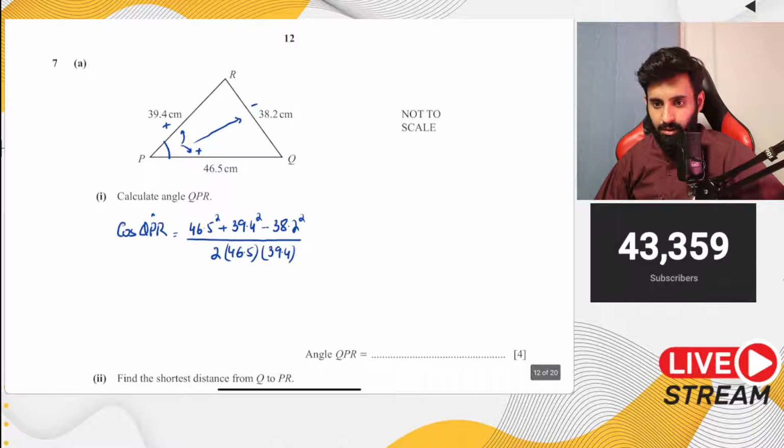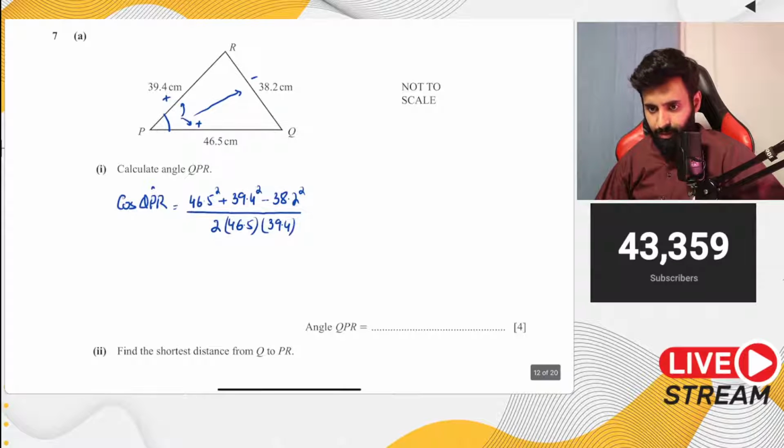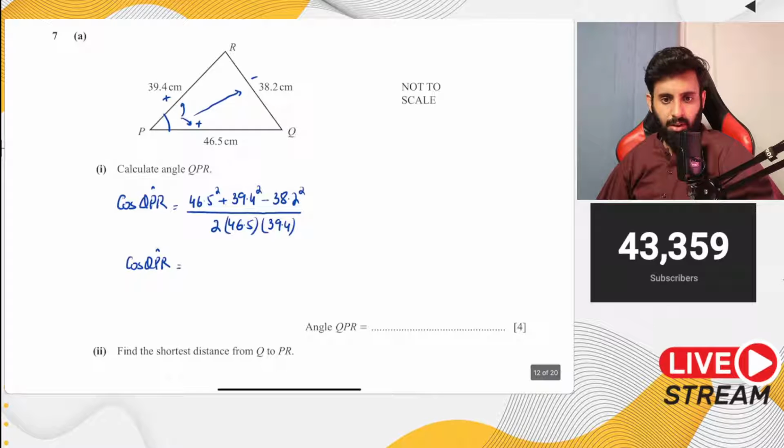So there you go. Let's solve this. Cos of QPR, let's work this out. Use your calculator for this.